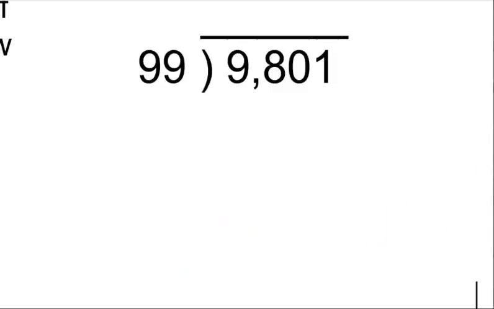So we have a situation where we need to find the quotient again. We're going to divide 99 into 9,801. Well, 99 doesn't go into just 9, and it doesn't go into 98. So we're going to have to divide it into 980. 99 is close to 100, so 9 100ths will get you close to 980.